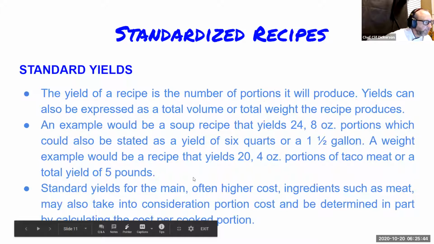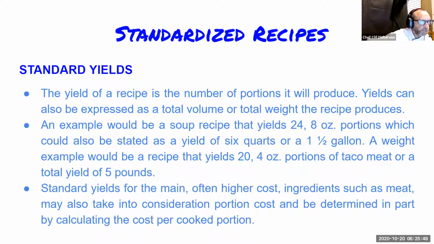Okay. The yield of the recipe is the number of portions it will produce. So when it says yield, that's how many this is going to produce. Yield can also be explained as a total value or total weight of the recipe produced. An example would be a soup that yields 24 8-ounce portions.